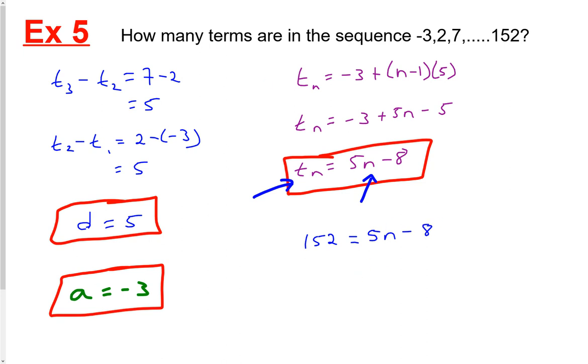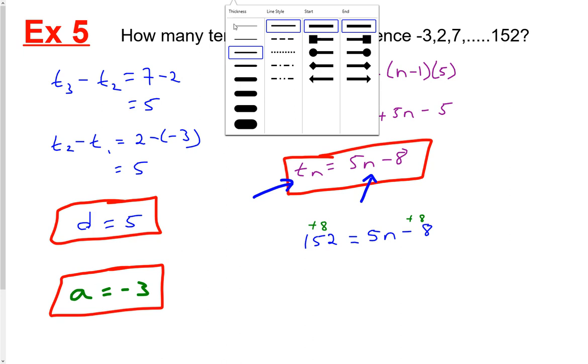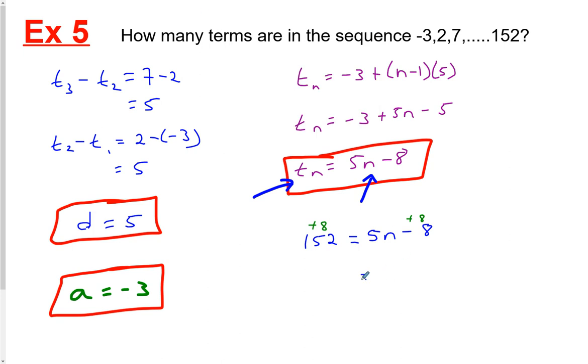So first thing I'll do is add 8 to both sides to get rid of this -8. So on this side I'm just going to have 5n, and on this side I've got 160. Then I'm going to divide both sides by 5.